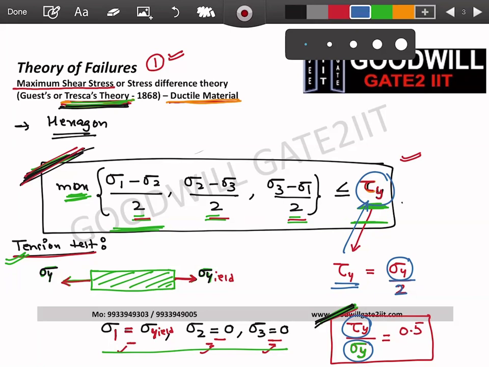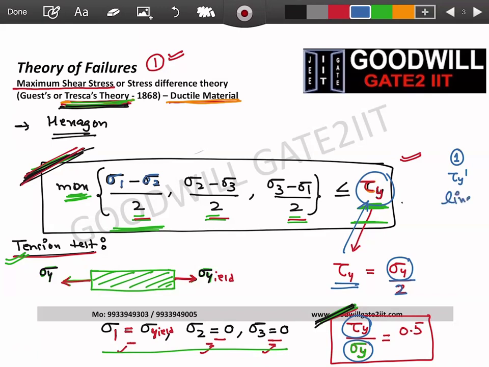If you see, your equation has all the powers of one. I'm saying this is tau to the power one. Even your sigma one and sigma two are to the power one here. And one means linear. Linear means straight lines. Correct?